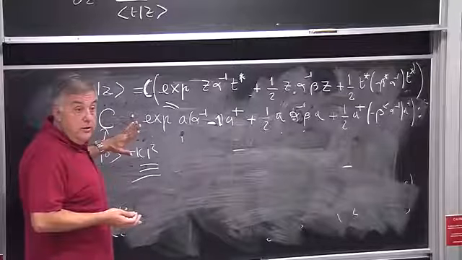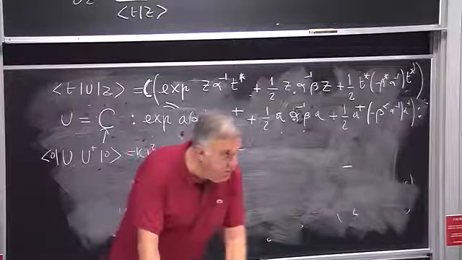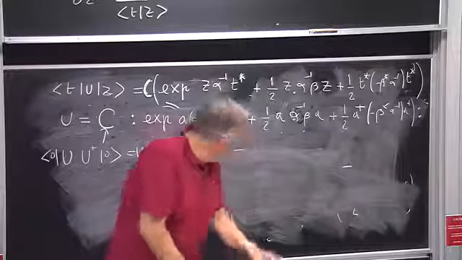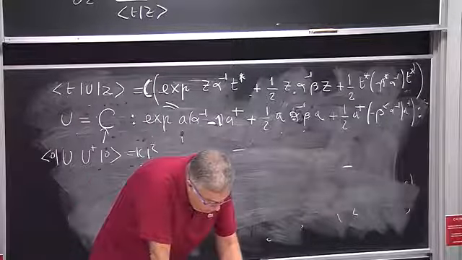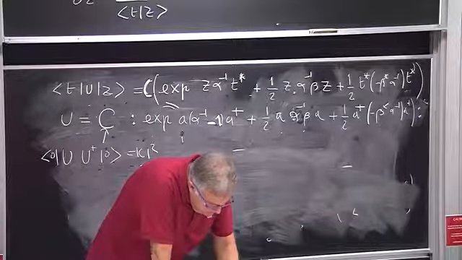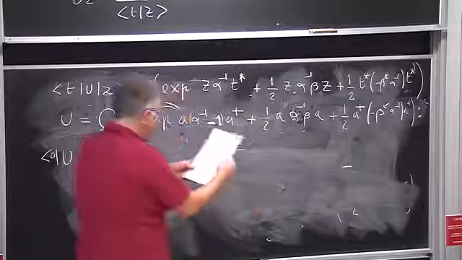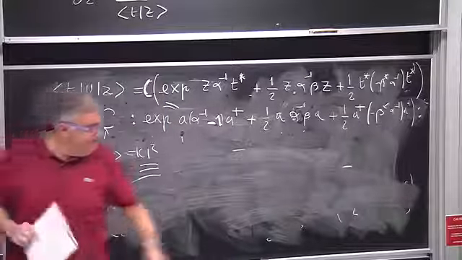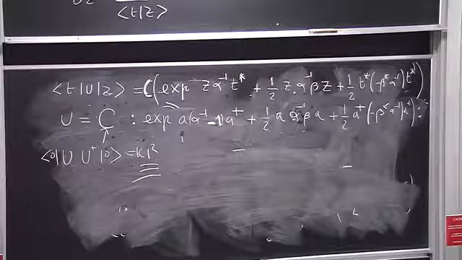Is it clear? What is this constant? This I leave to you as an exercise. You compute this in the same way. Apply this to the vacuum. You will see that the thing that you have to compute is C squared. This is an exercise in coherent state calculation and Gaussian integrals.